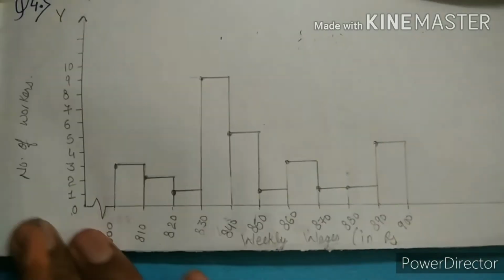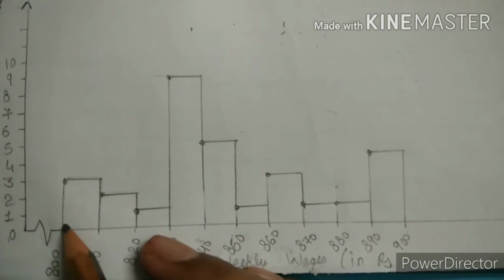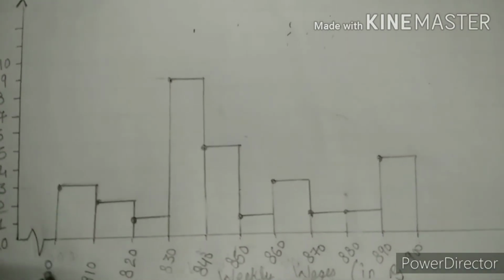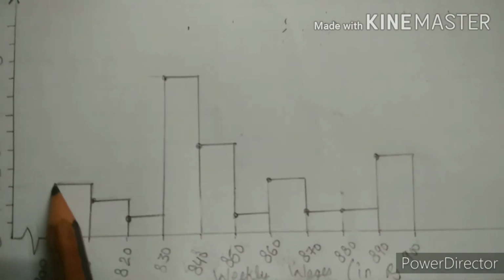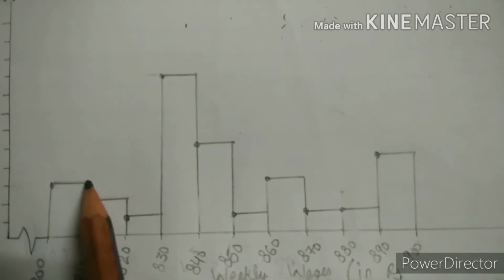So here as you can see, we started from 800 and 800 has 3, so we draw a line till here.